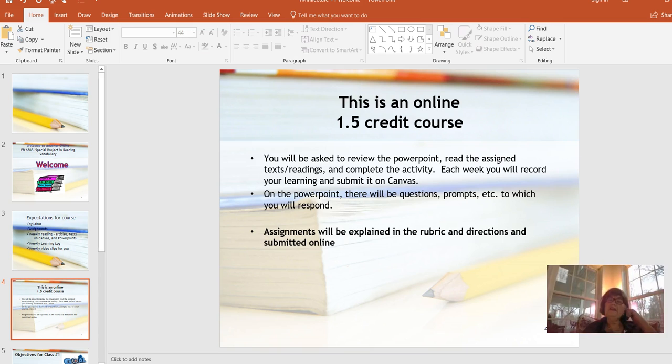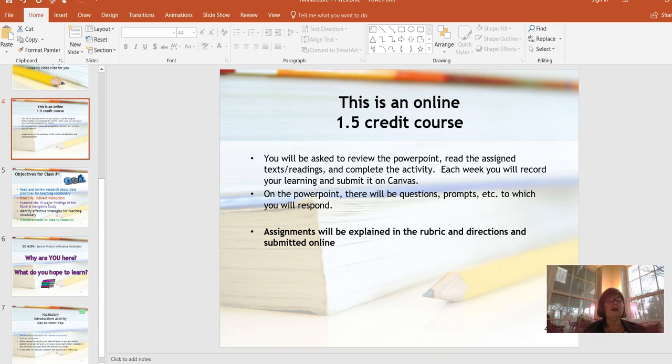You'll complete activities, I call it the course activity. You'll have discussions. You submit everything on Canvas online. As I mentioned earlier, there are PowerPoints. On the activity that you do each week, I have some prompts and questions for you to respond to. And then there are 2 major assignments in addition to the weekly assignments, and we will talk briefly about those also tonight.